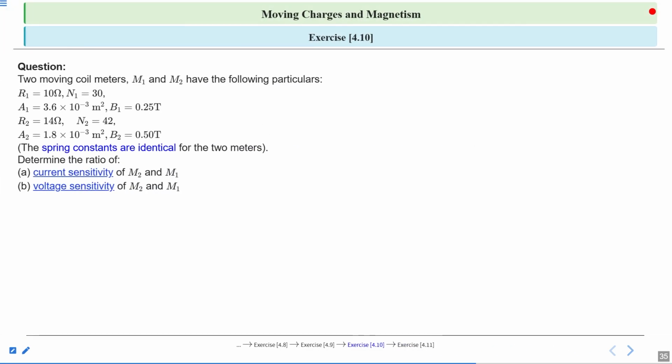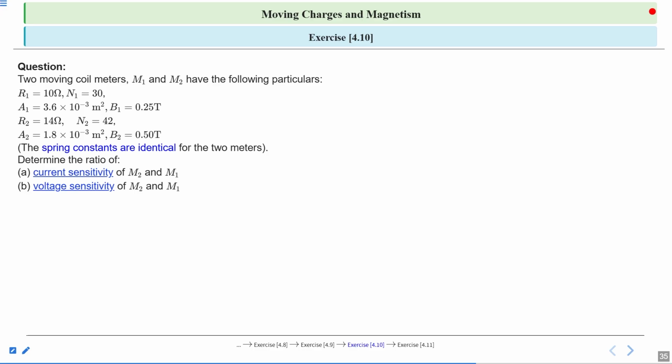Okay, exercise 4.10. Let's listen to the question carefully. Two moving coil meters, that is galvanometers, M1 and M2, having the following particulars. For M1, the resistance R1 is equal to 10 ohm.